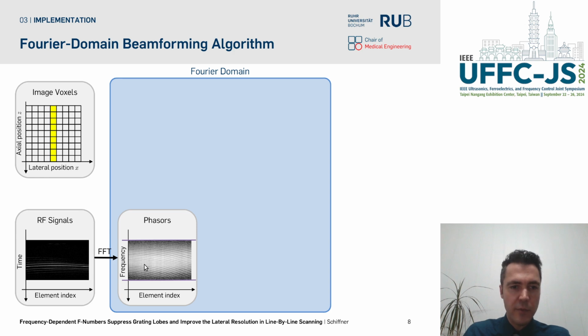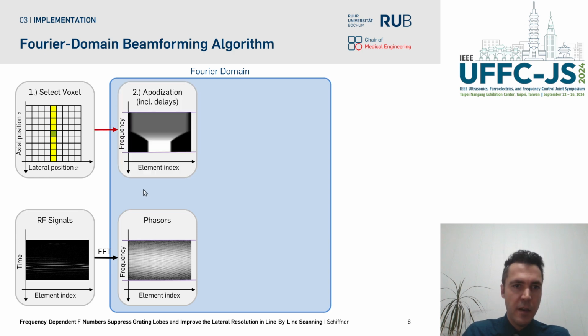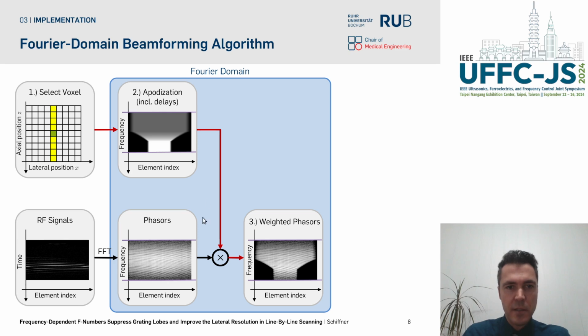the relevant frequency range. For a selected image voxel, the algorithm computes frequency-dependent apodization weights, which also include the delays, and then multiplies the phasors by these apodization weights to obtain the weighted phasors.